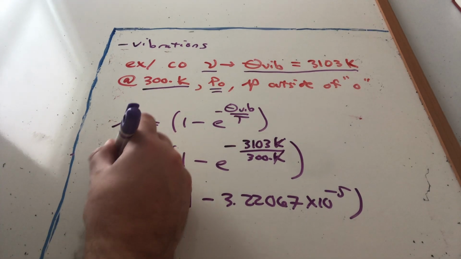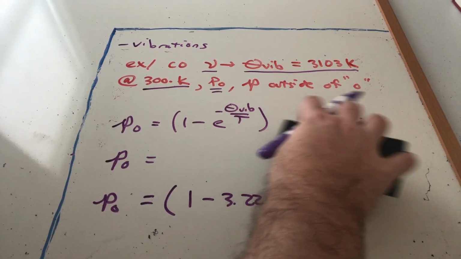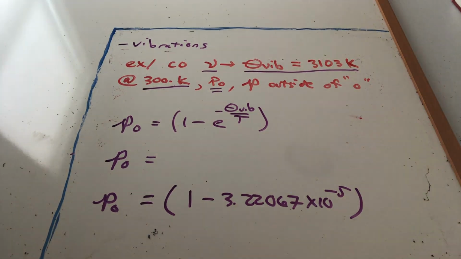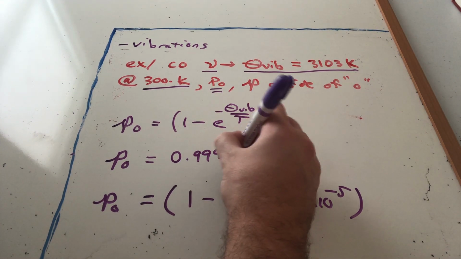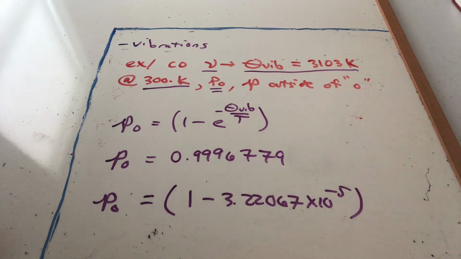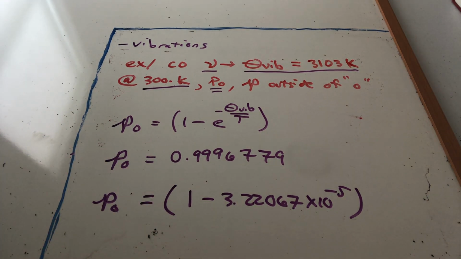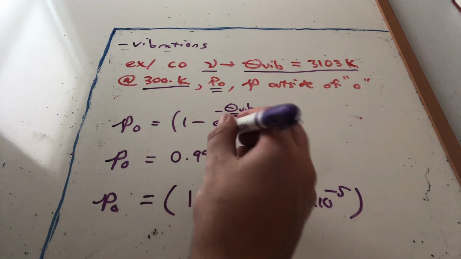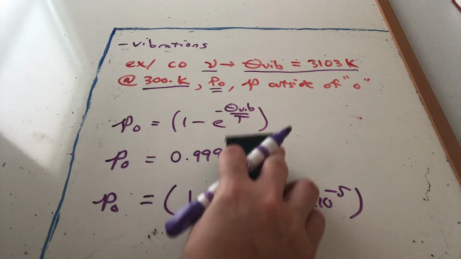When we do this math, what we get from a numerical standpoint is 0.99967779 as our probability to be in the ground state. If you want to think about it as a percentage, oh, there's another 9 here. There's actually 4 9s when I do it, sorry. 4 9s, let me just rewrite that.